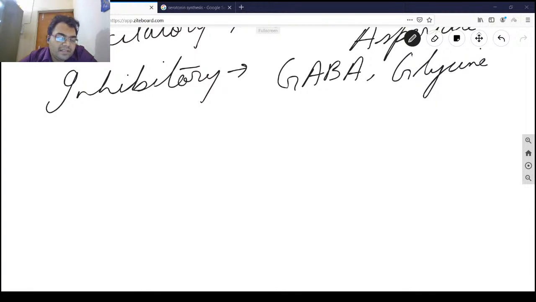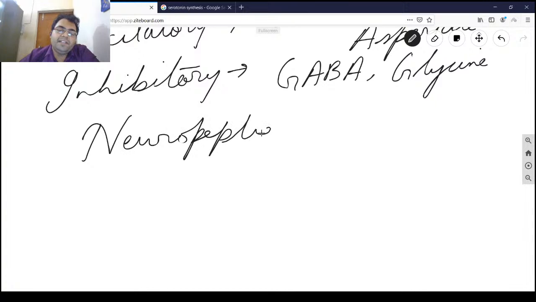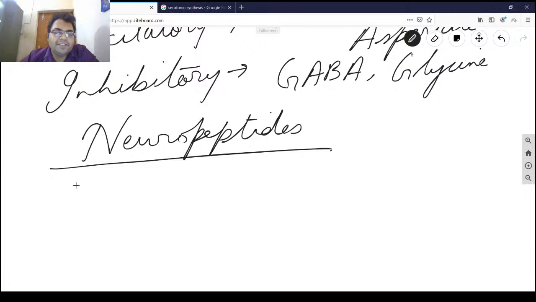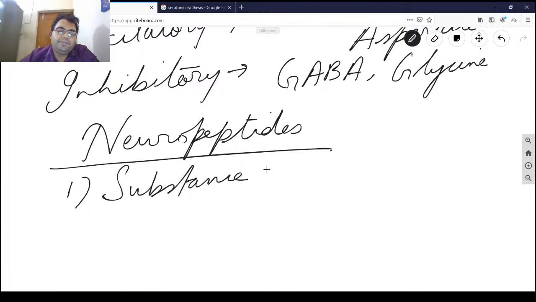Before that, I'll tell you about the neuropeptides. That is again a heading. I'm just writing down the name so that you know. Under neuropeptides, you can have substance P, which makes you feel pain. Number two is another neurotransmitter known as neuropeptide Y. What it does is it can stimulate appetite and food intake.